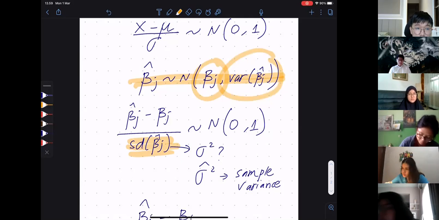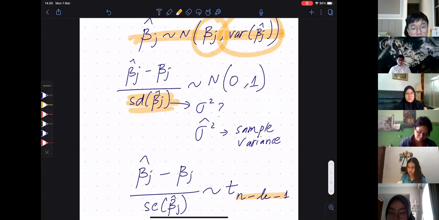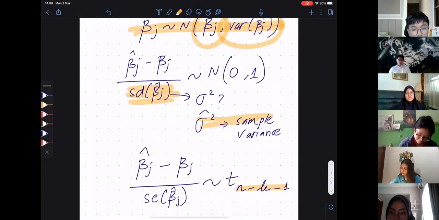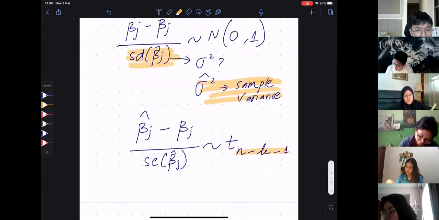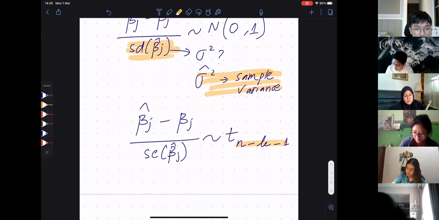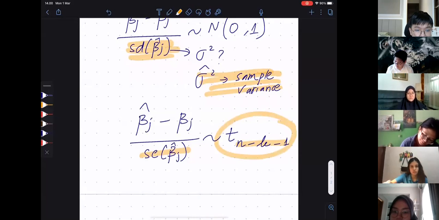However, we don't know the value of the variance in the population, so we're going to use the sample variance. Since we now use the sample variance, we no longer use the standard deviation; we now use the standard error. And the distribution is no longer the normal distribution, but the Student t distribution with some degrees of freedom.